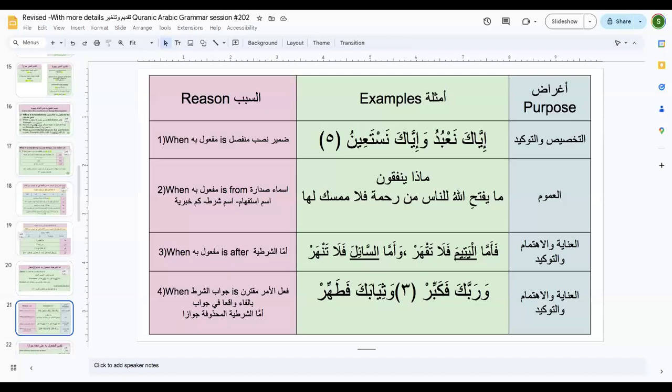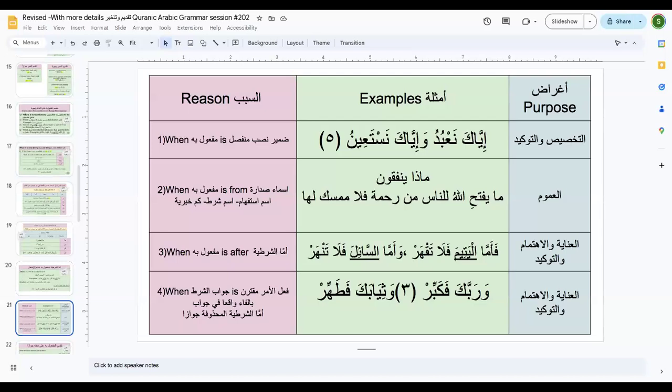When your maful bihi is from the words that have sadaratul kalam, the beginning of the speech, maful bihi is going to be in the beginning. So what are those isms that we have just learned? Ism istifham, ism shart, and remember kam khabariya is going to be included in the same category as well.